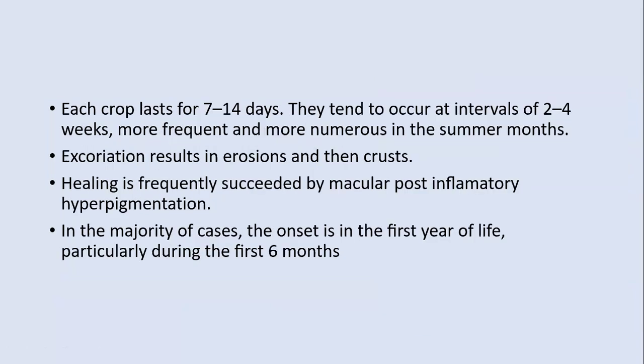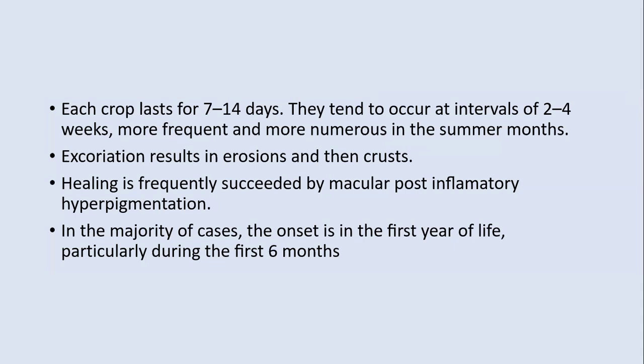Each crop lasts for 7 to 14 days and recurs at intervals of 2 to 4 weeks. More numerous and more frequent in summer months. Excoriation or itching results in erosions and then crusting. Healing is succeeded by macular post-inflammatory hyperpigmentation.